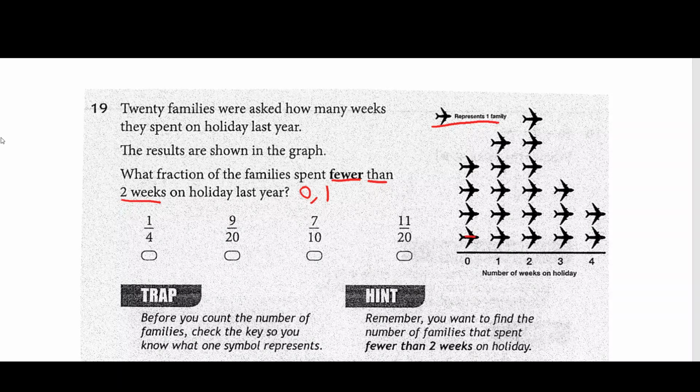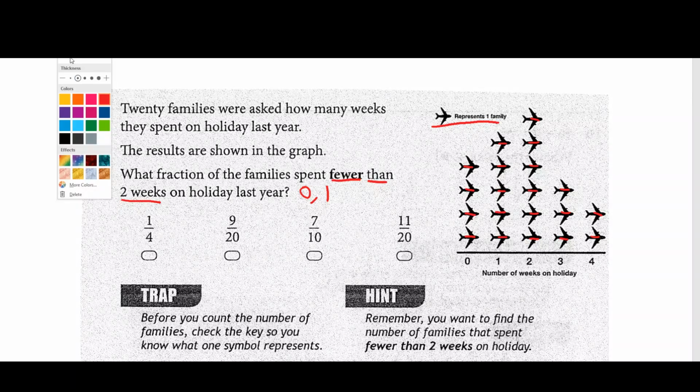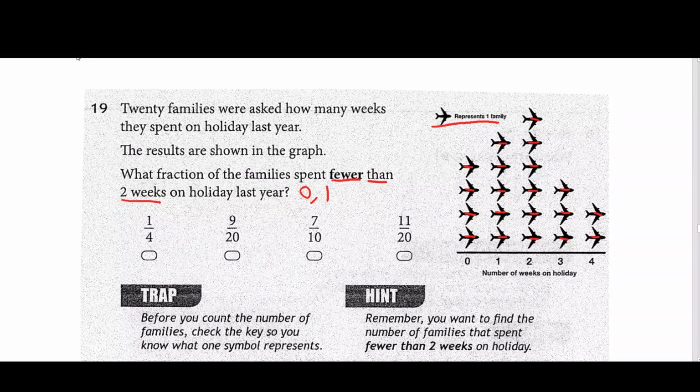So it's 1, 2, 3, 4, 5, 6, 7, 8, 9, 10, 11, 12, 13, 14, 15, 16, 17, 18, 19, and 20. Okay, so 20 families in total.